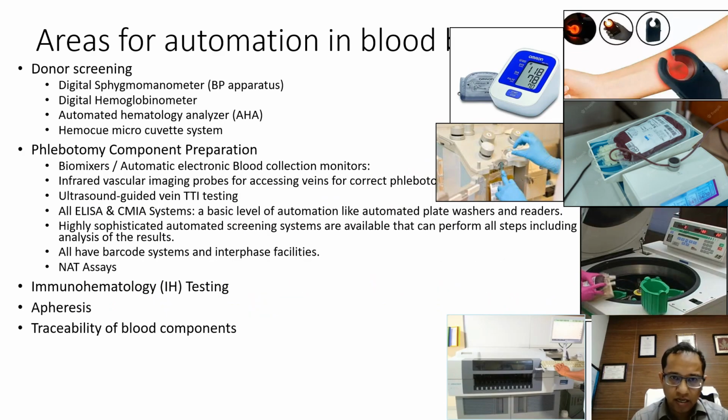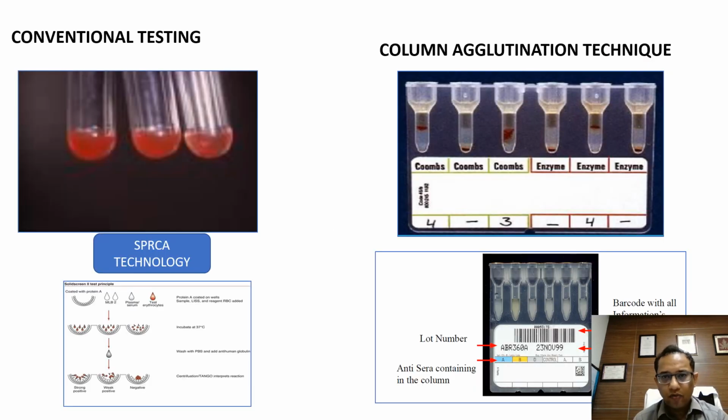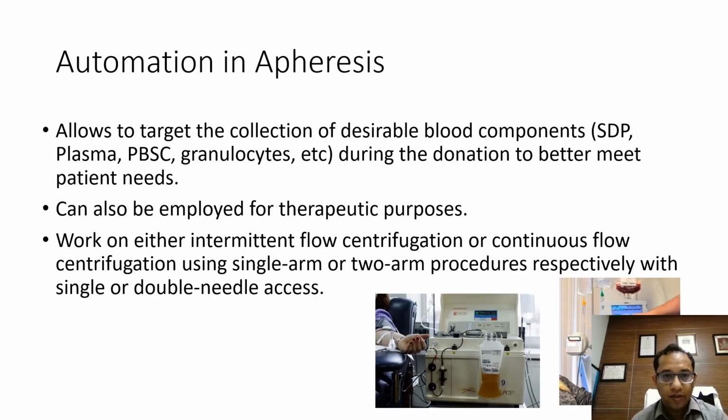There are various areas of automation, right from donor screening to traceability of blood components. We have it in immunohematology also, where various players have come, including the SPRCA technique, column agglutination, etc. There is automation in apheresis systems where we target collection of desirable blood components, and it can be employed for therapeutic purposes also with intermittent flow or continuous flow centrifugation.